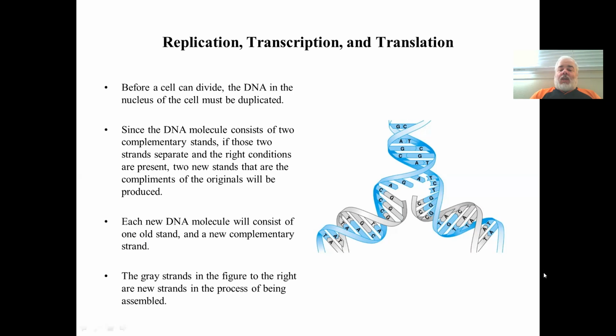So you can see here in blue is the DNA double helix molecule. Looks like a ladder, and A's always go with T's, G's always go with C. So AT, GC, CG, AT, etc.